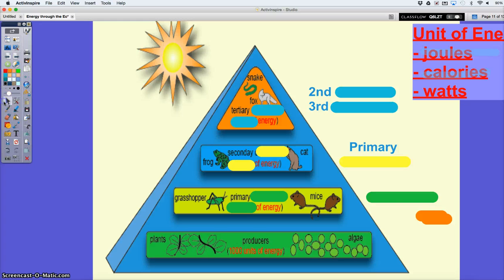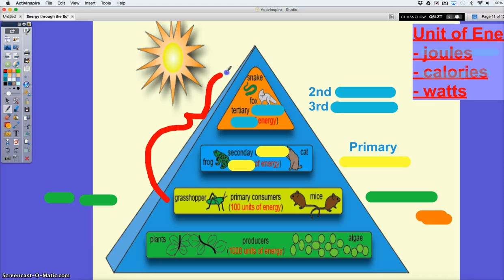All right, so if producers, which are plants or autotrophs, have 1,000 units of energy, how much are my second level going to get? 100, okay? And that's a grasshopper, which is called what? Primary consumer, or all of these. So let's go like this. I like that you said that.